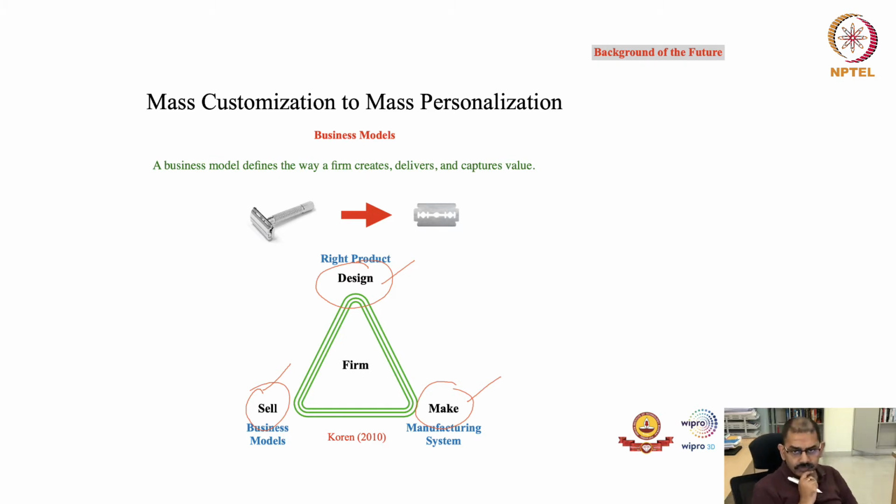So you design the right product, you manufacture it with high quality, high speed, whatever, that faster, cheaper part will still be applicable, and then you have the right business model to actually capture the value, right? So even if you have any of these two things, the third thing is also important, right? So even if you manufacture it well, you have the right product, but you actually don't know how to capture the value, you may not be a successful firm. Correct?